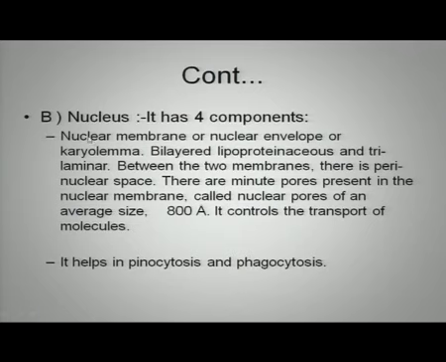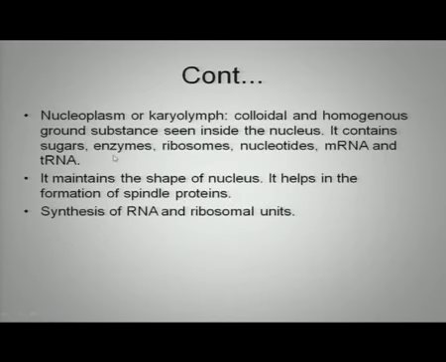Now coming to the nucleus, already it is covered just now only, has 4 components: nuclear envelope with the nuclear pores, outer membrane and inner membrane, double layered one, nuclear pores helping in transport of molecules. They also help in pinocytosis and phagocytosis.